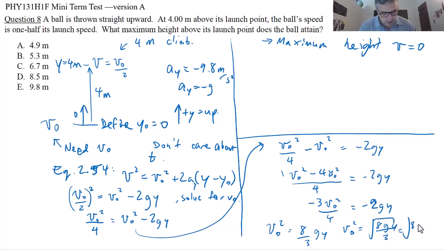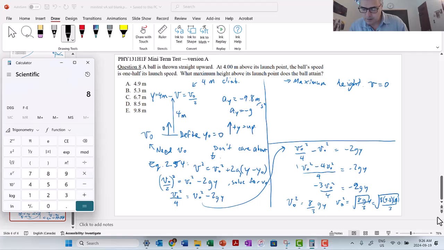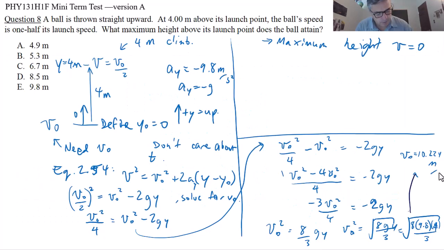Square root of 8 times 9.8 times 4 meters, divided by 3, take the square root of that. So the initial speed is 10.224 meters per second.